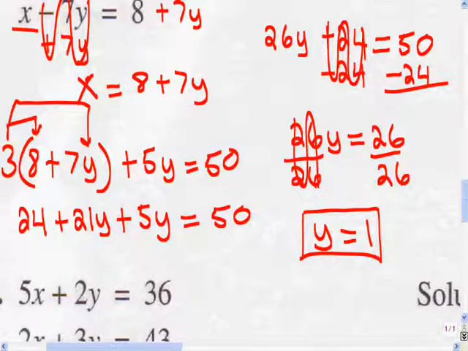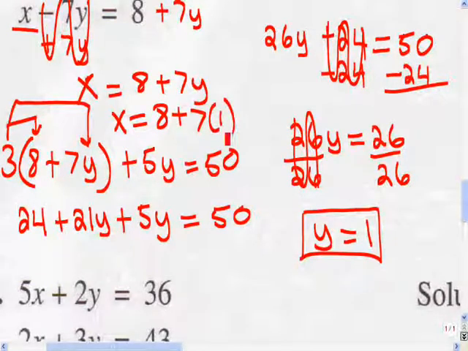Y equals 1. Now I want to figure out what x is. Since x is the same as 8 plus 7 times y, and y equals 1, I'm just going to plug that in. X equals 8 plus 7 times 1. Kind of running out of room here.